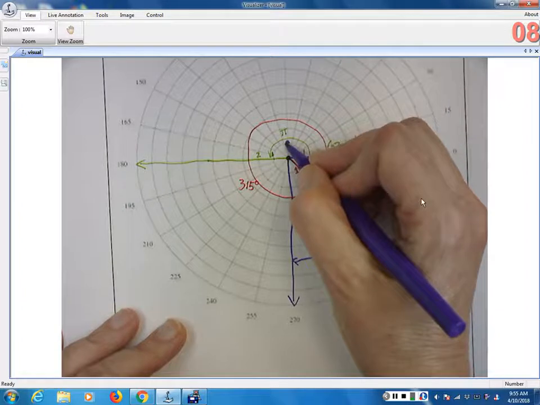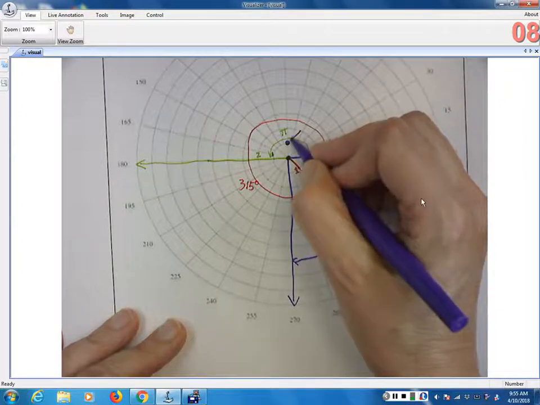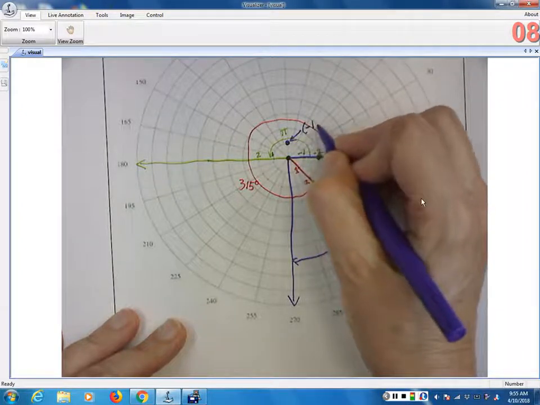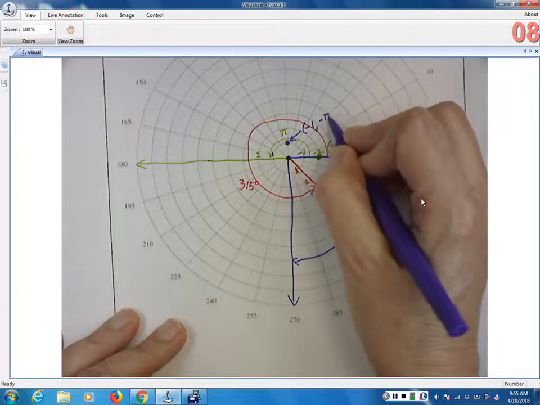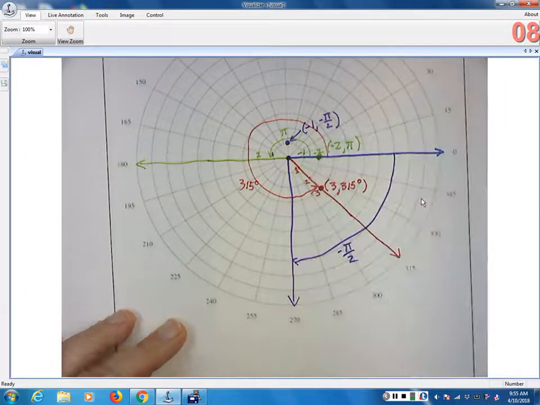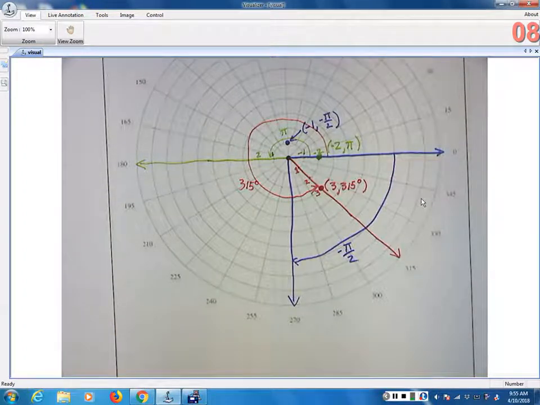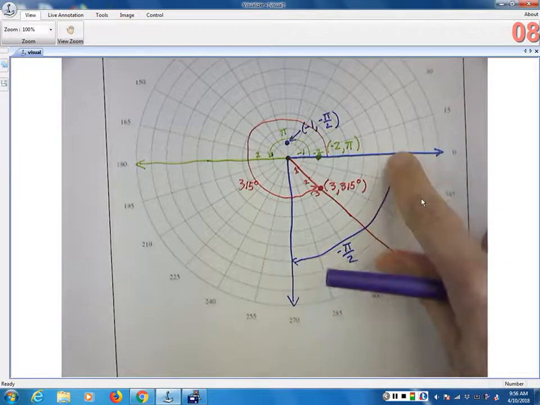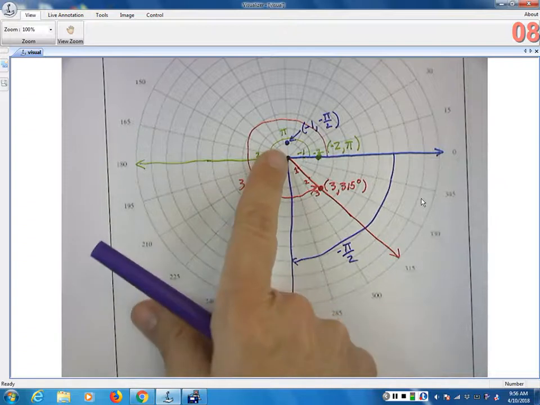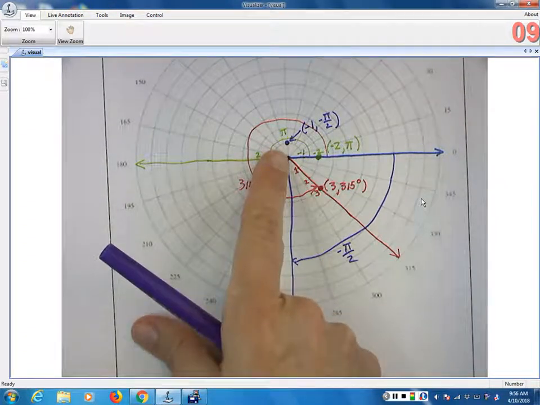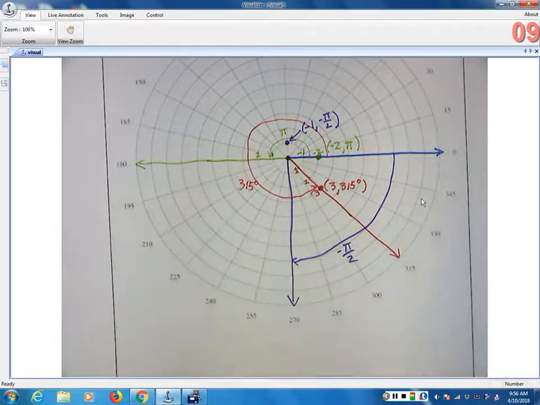So that's the point (-1, -pi over 2). Can you see that? We went the angle first, and then we started at the pole and counted out the r. Because the r was negative, we have to go this way.